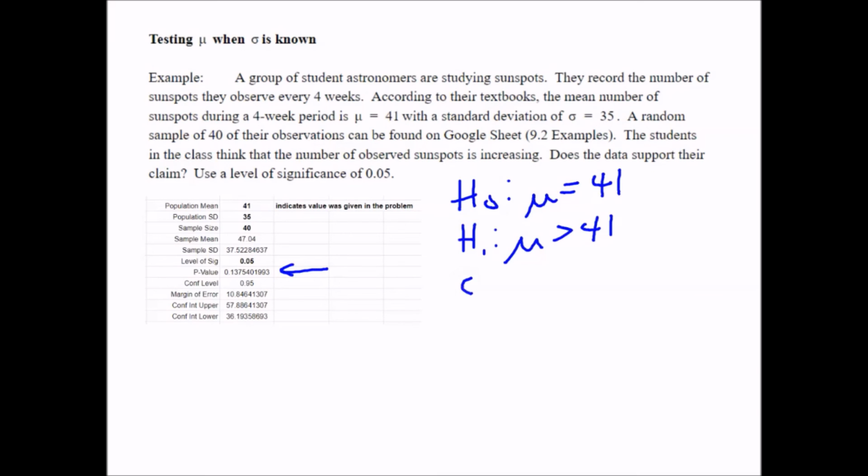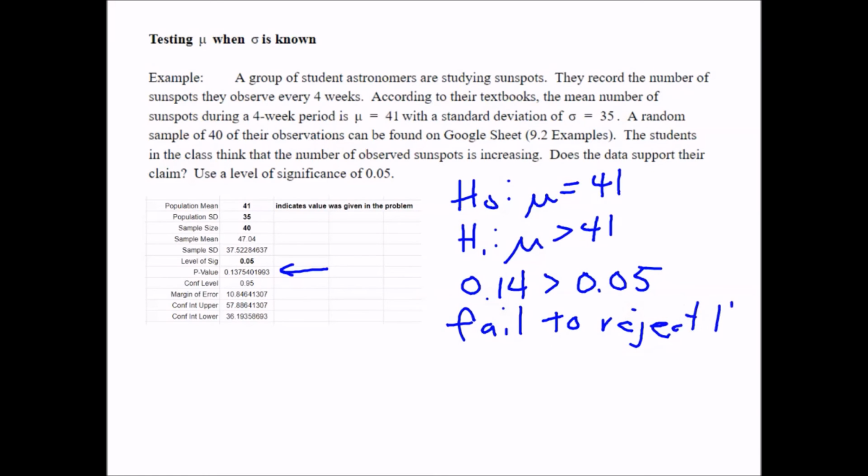P-value is 0.14. So since 0.14 is greater than our level of significance 0.05, we fail to reject the null hypothesis.